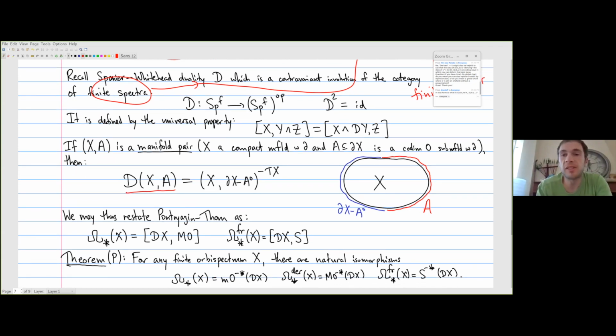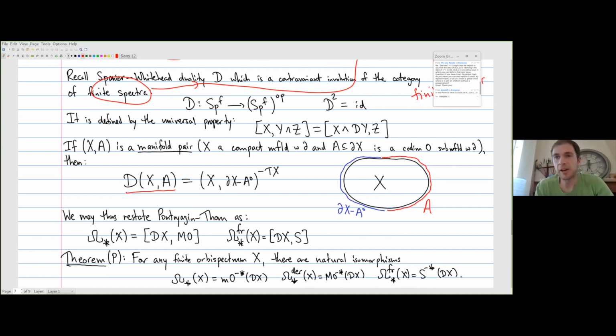There are two natural ways to generalize the spectrum MO to a global spectrum. Those are these little MO and capital MO that are defined by Schweda, and they correspond to bordism and derived bordism. If you use the sphere spectrum, you get framed bordism.